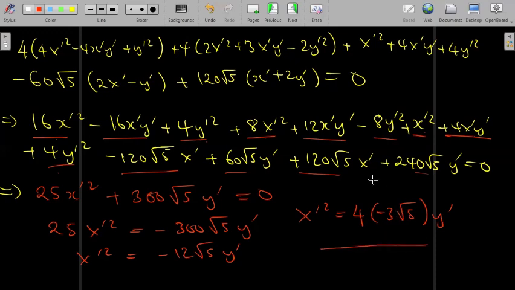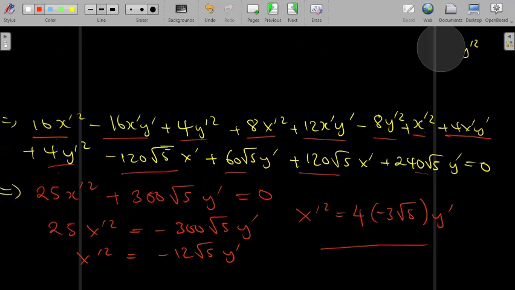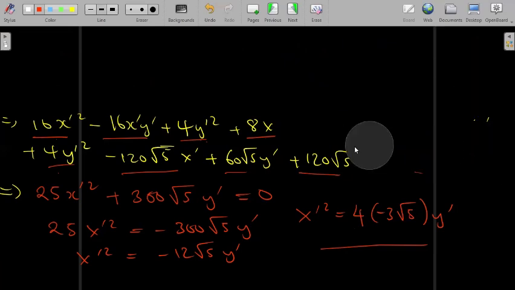Okay, now how do we progress from here? So I have to find my focus and my directrix and all those things. Okay, erase this, erase this.